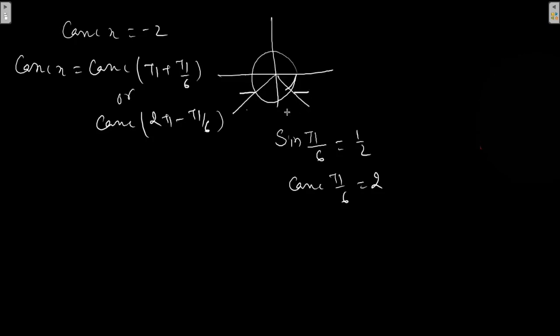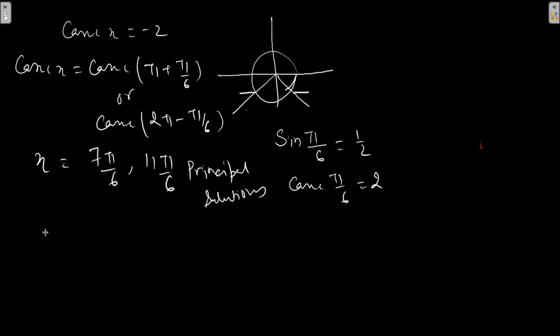In this quadrant, cosec theta would be negative. So x would be pi plus pi by 6, which is 7 pi by 6, and the other is 11 pi by 6. Now these are my principal solutions, right?